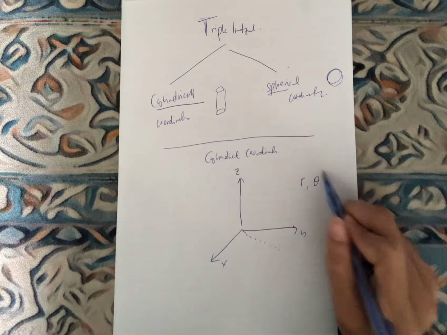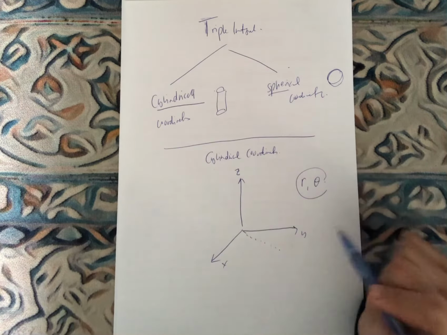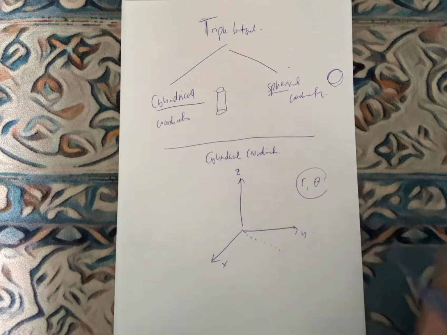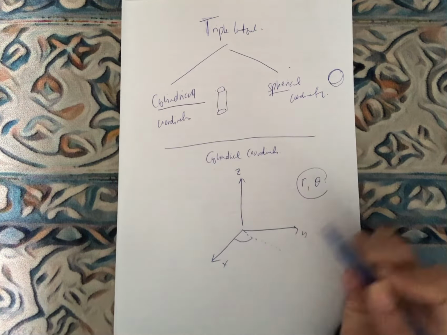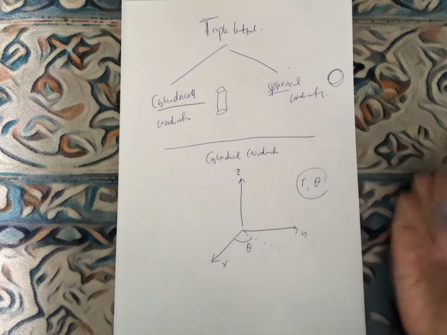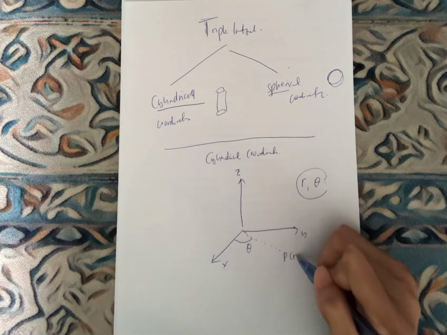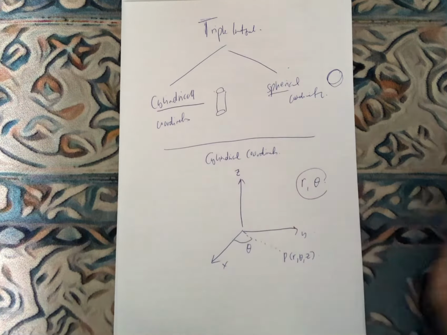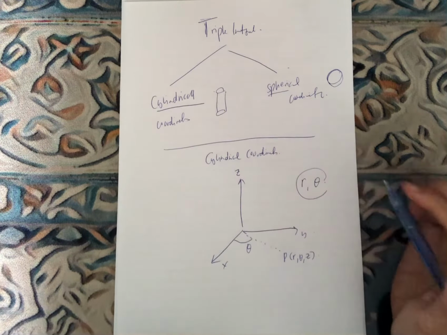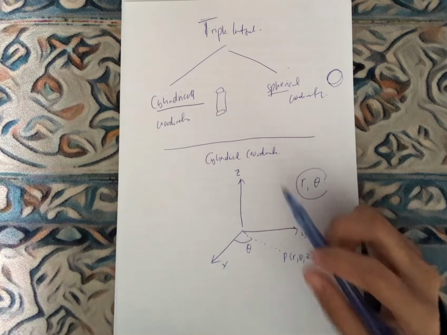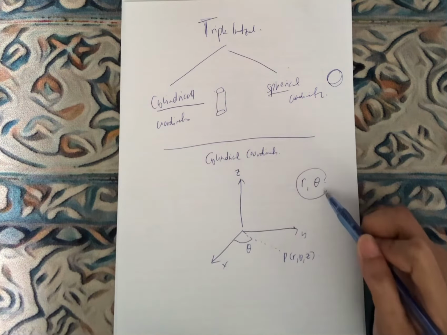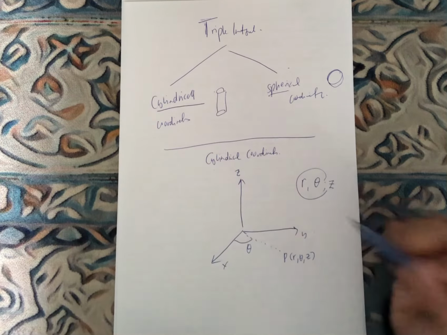It's similar to polar, is it? r and theta. Theta, of course, we know is the angle, the angle from the axis to the point. So basically, the variables involved in cylindrical coordinates are r, theta, and also z, because it's triple.